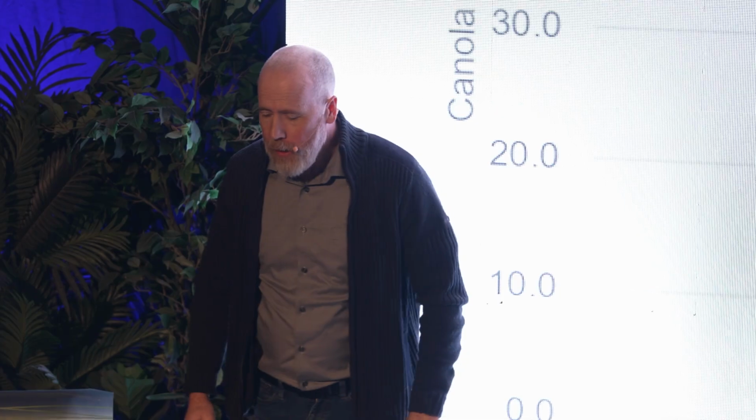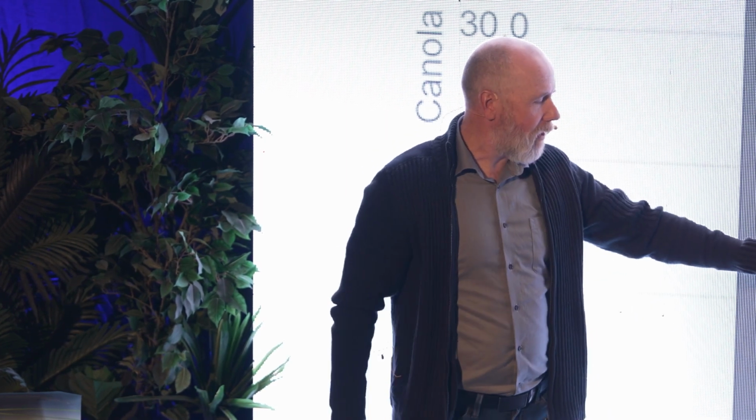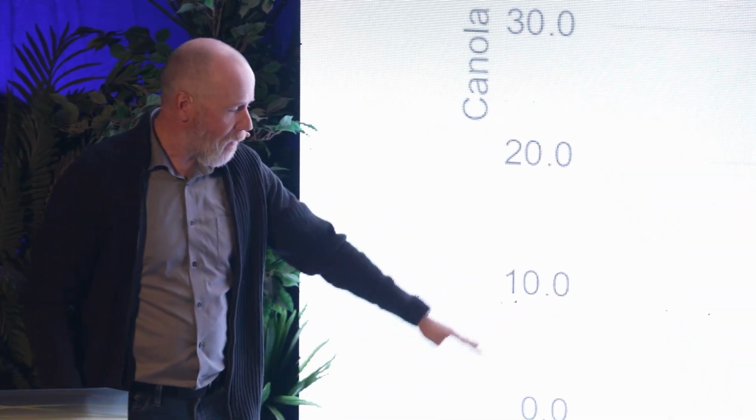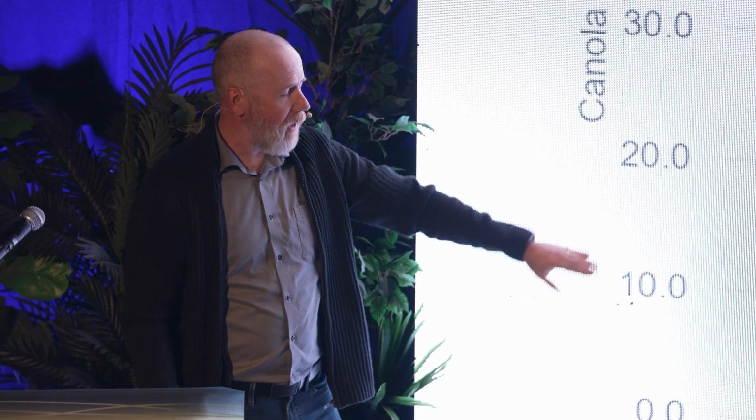Leaching is still at risk, but from the other two, very little. Shallow banding, we're still at risk of loss from volatilization, definitely at risk of loss from denitrification and, of course, leaching. And shallow banding, or spring broadcast, is at risk really from that volatilization. We'll see the biggest risk there.